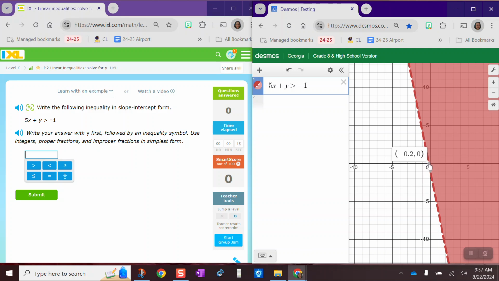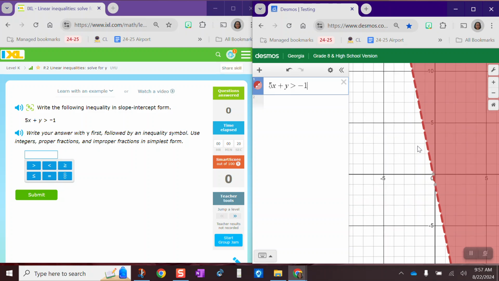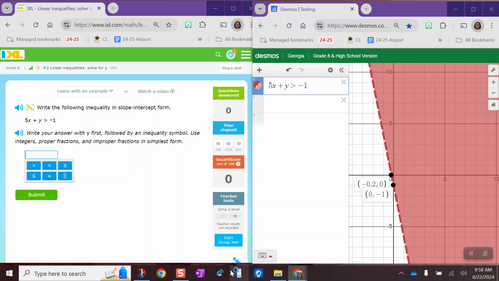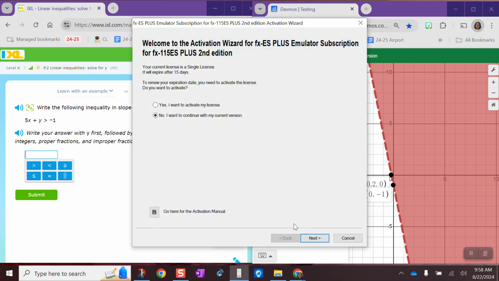So probably do the slope on this one, right? I found 2 points on that line. Why does it do that? Make them go away. Ha ha ha, I win, see?